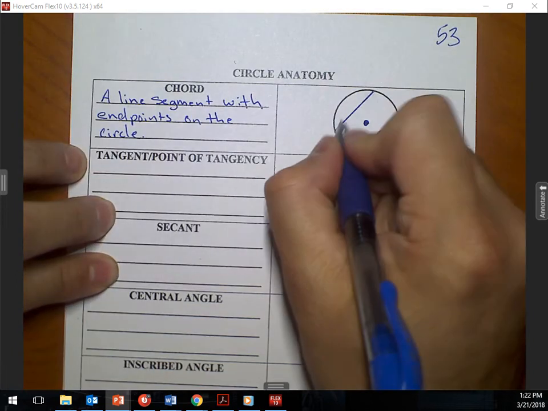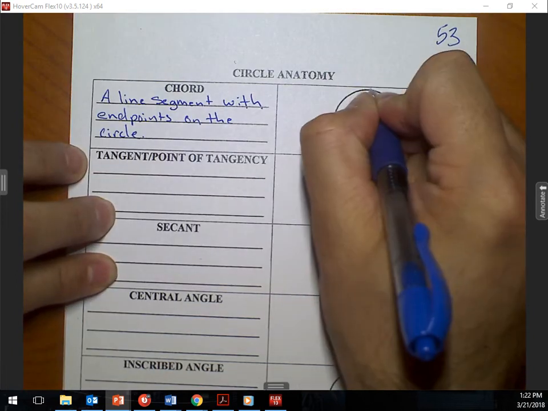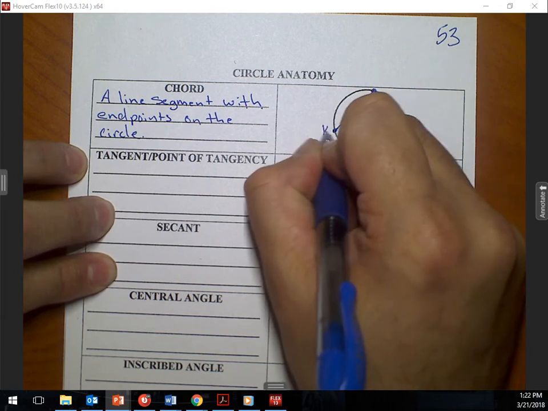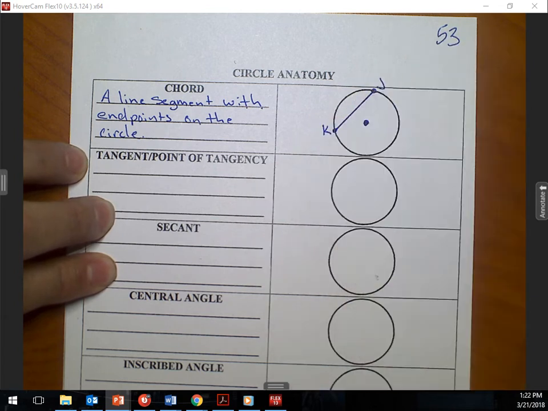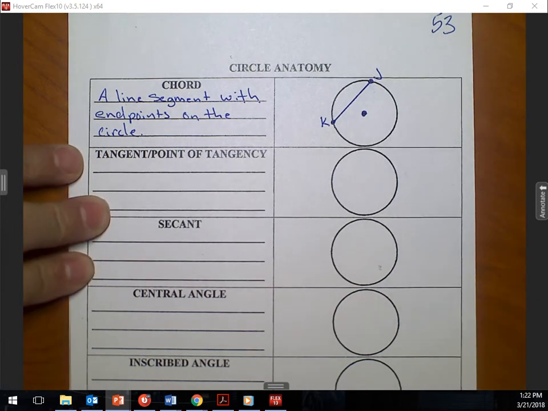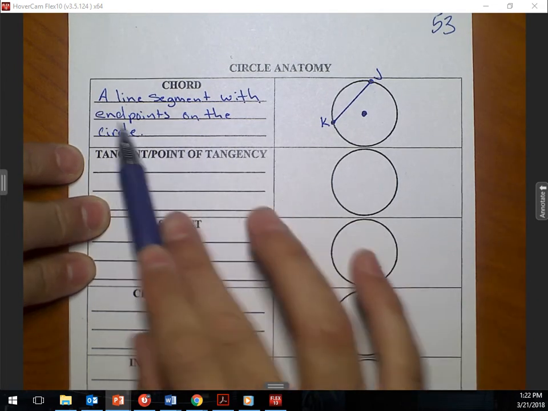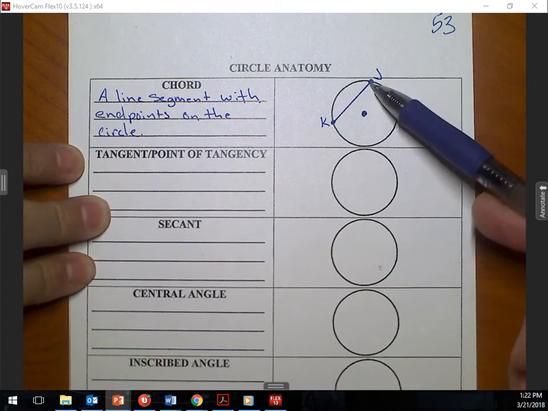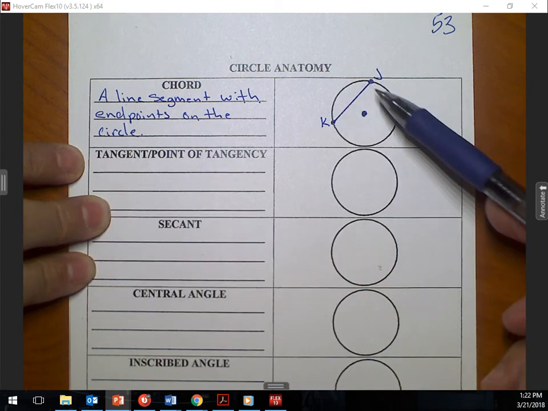I'm going to put my endpoint here, here, and I'm going to label this one K and this one J. So right here it says a line segment with endpoints on the circle. Now this is a chord.